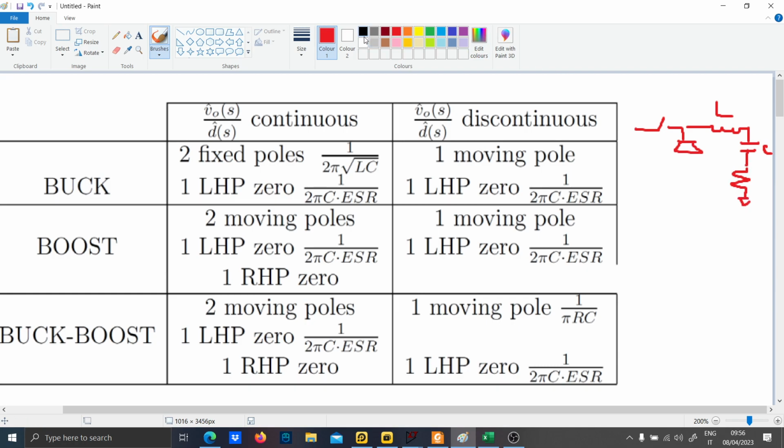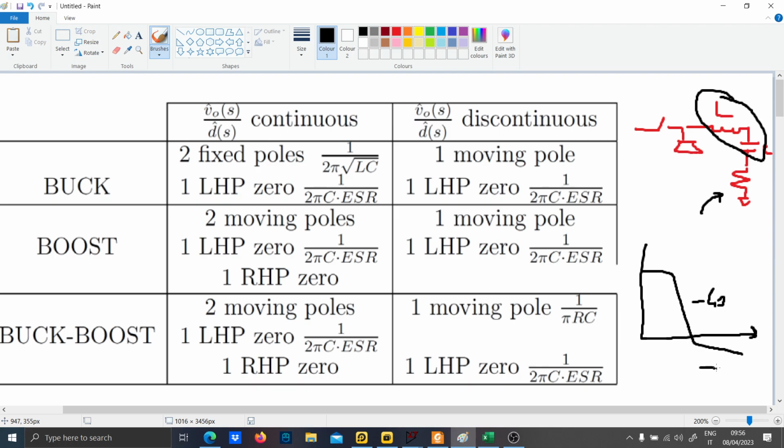The LC is causing a double pole and the ESR is causing a zero. So you will not be surprised if the transfer function of a buck converter looks like this: minus 40 and minus 20 dB, where this is the double pole caused by the LC and this zero is caused by the ESR of the output capacitor.